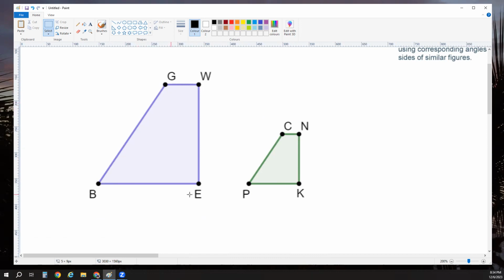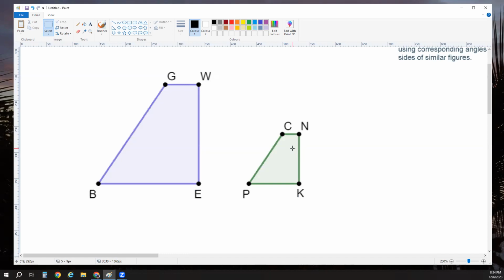And we have corresponding sides of these two quadrilaterals. It's pretty obvious which ones are paired up. Like we have line segment GB paired up with CP, GW is paired up with CN, BE is paired up with PK, and WE is paired up with NK.